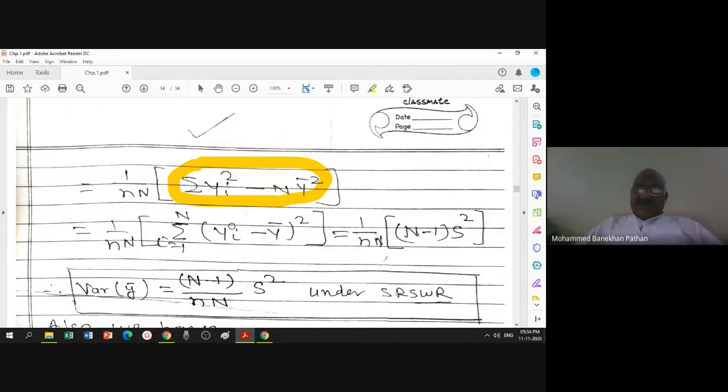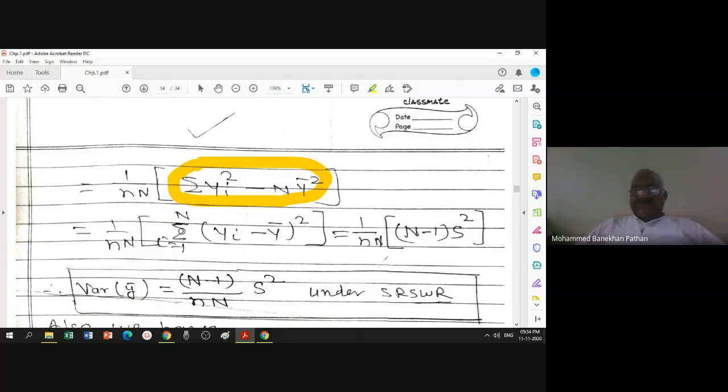So finally what I got, 1 upon small n multiplied by capital N, and this is nothing but, by your notation which I had given yesterday, n minus 1 times s square. You can see your notebook if it is with you.